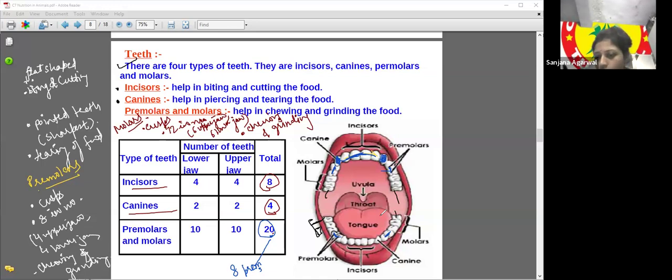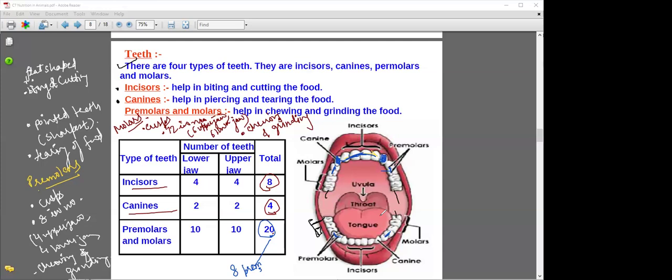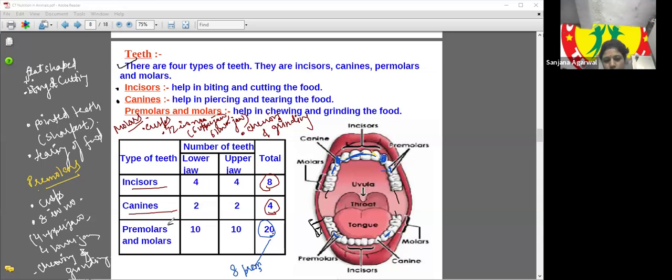After the class, look into the mirror and try to feel the shape of premolars and molars. You will get to know the difference in shape only. The function is the same. That's why in the table, I've shown these together. Otherwise, slight difference. Go through it and tell me if any doubt.